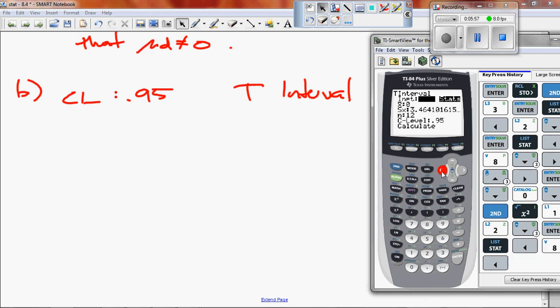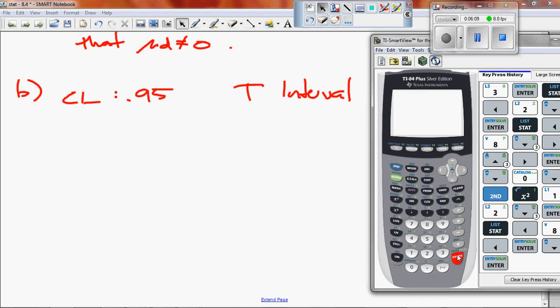We're going to use the data values in list 3. We're constructing the 95% confidence interval, so that should be 0.95. Hit enter. Negative 3 point. It should be one place to the right of the data values. The data values go to the tenths place, so we're going to go to the hundredths place.